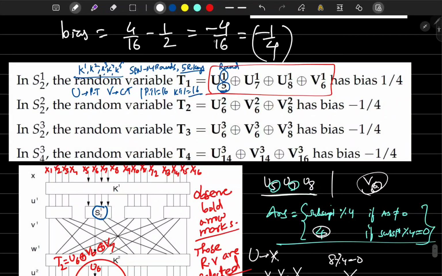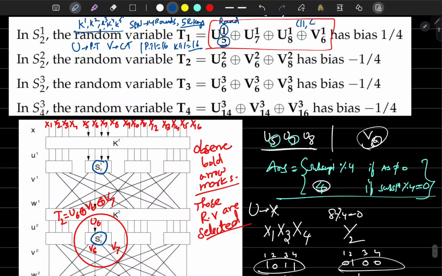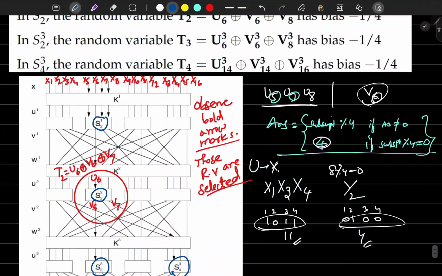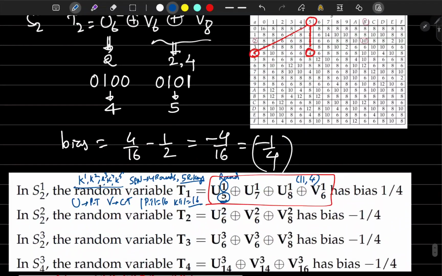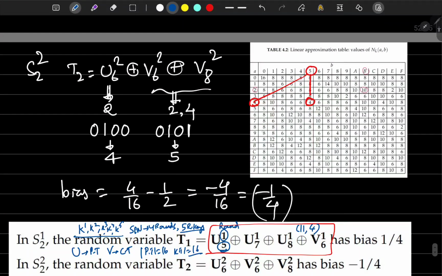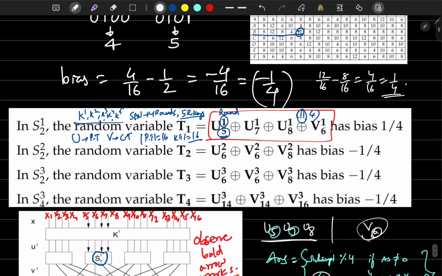So this is nothing but 11 comma 4, see the approximation table and tell me the formula. 11 means nothing but B, right? Therefore the bias will be calculated as 12 by 16 minus 8 by 16, that is 4 by 16, which is 1 by 4. That is how you have to calculate the bias.